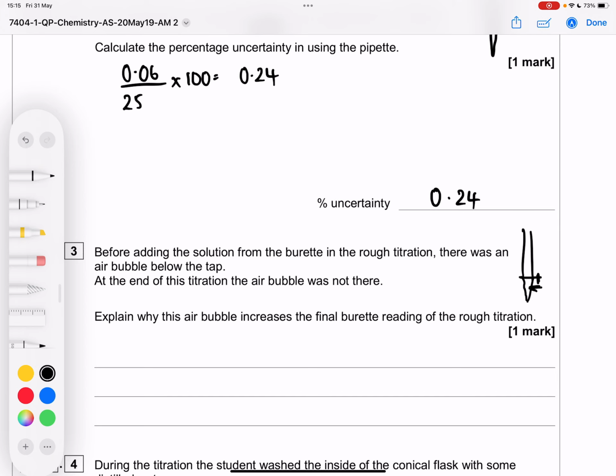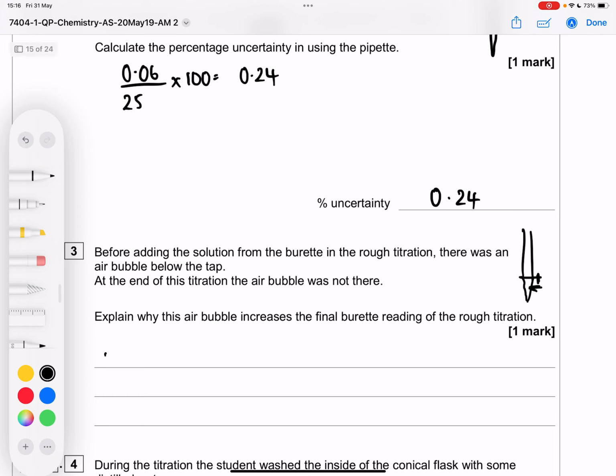So when you open that tap and the liquid above the air bubble drops, the air bubble will come out of the jet and be replaced by the acid. And so that air will have been counted as volume in your final reading. So not only will you have the volume of acid that was used to carry out the titration, but you'll also add on to that the volume of the air. And so your reading is going to be larger.